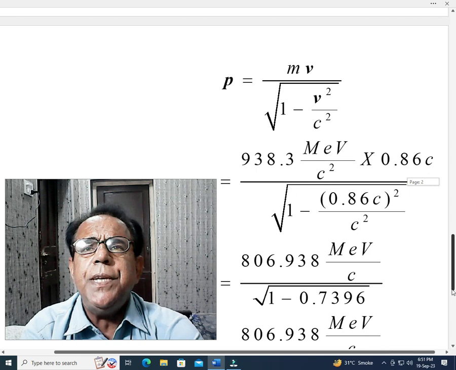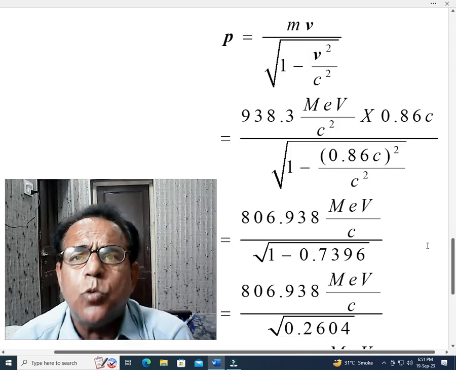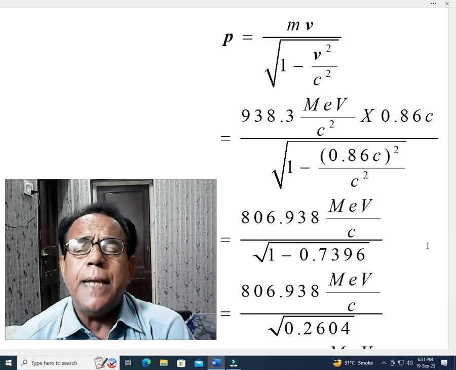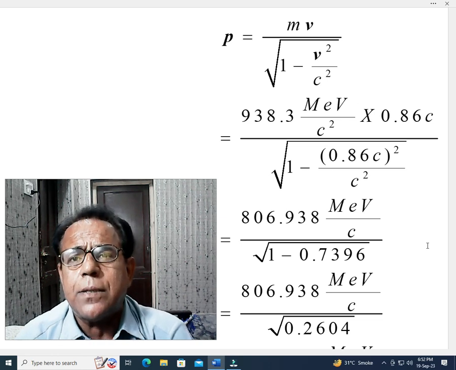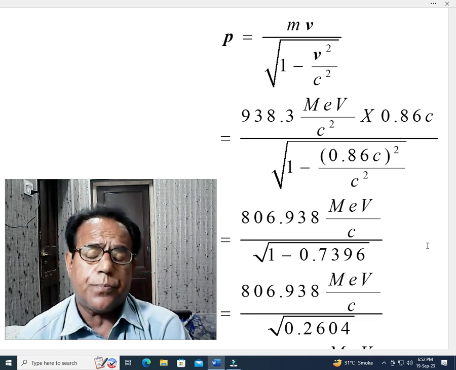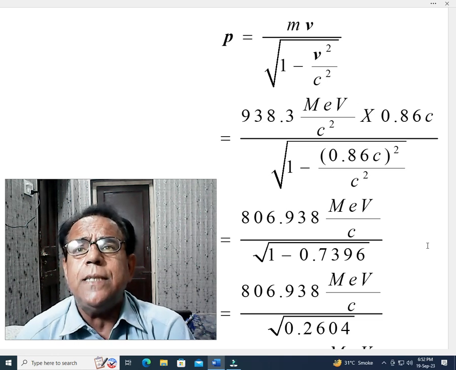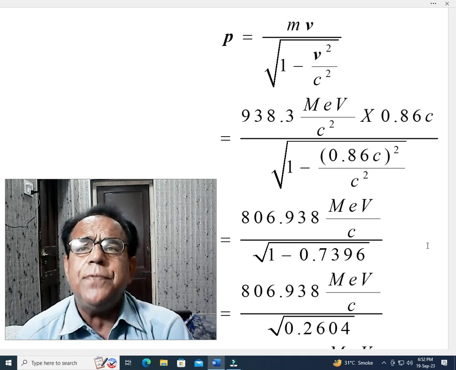p is equal to mv over square root of 1 minus v square over c square. This becomes equal to, in place of m or mp, that is mass of proton, we have written 938.3 million electron volt over c square, into v is given in terms of c, that is v is equal to 0.86 c over square root of 1 minus v square over c square.